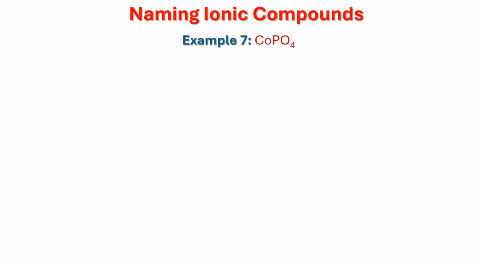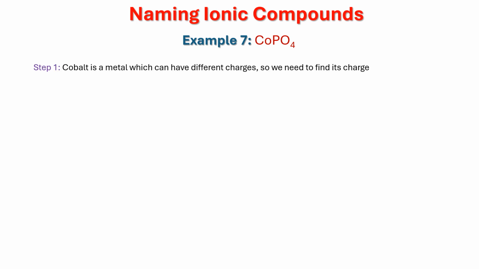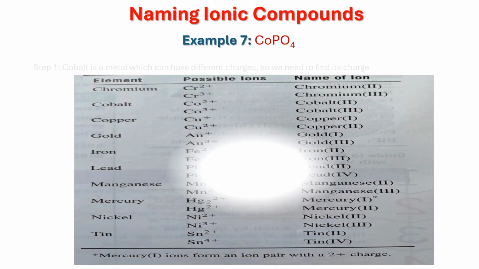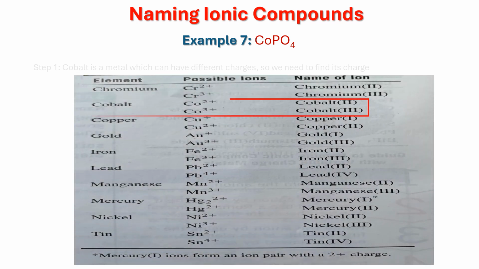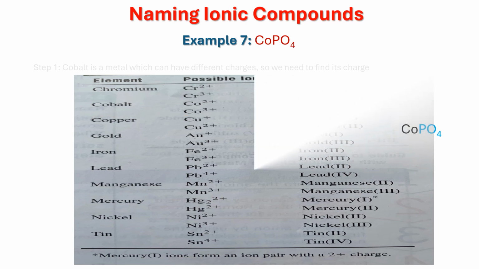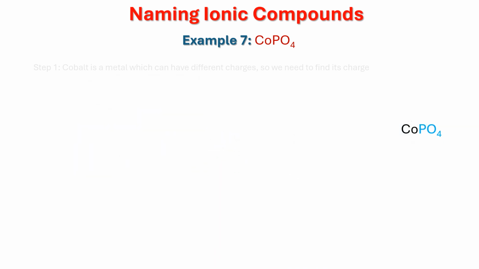Example 7, CoPO4. Cobalt is a metal which can have more than one charge, so we need to look it up. It could have a positive 2 charge or a positive 3 charge. Let's see which one we have here. So cobalt is the unknown, we call it X. And PO4, that's phosphate. Normally it has a negative 3 charge.